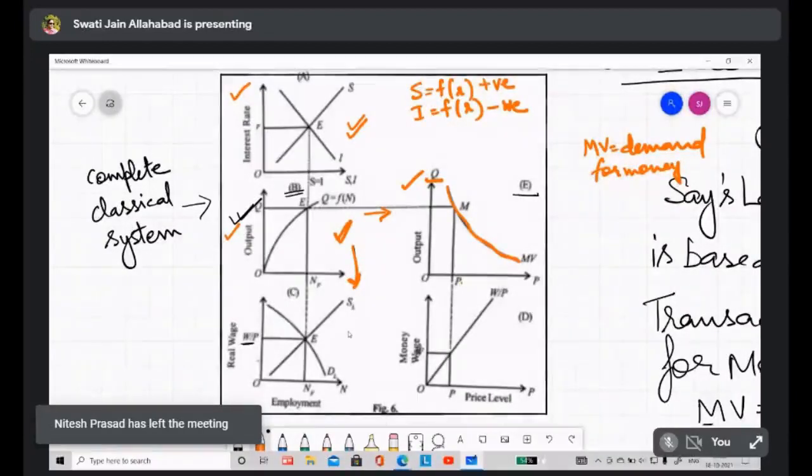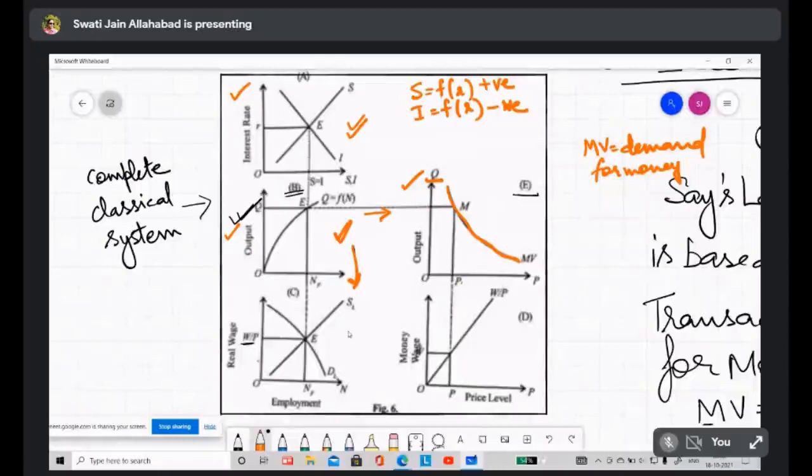And with a given level of output, if the demand for money is shown through this diagram, you can say that as the level of output reduces, the general price level goes up, and as the level of output increases, the price level comes down.